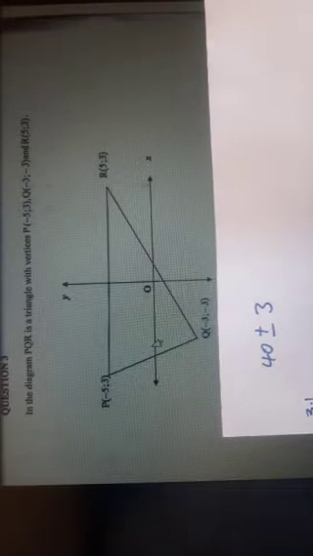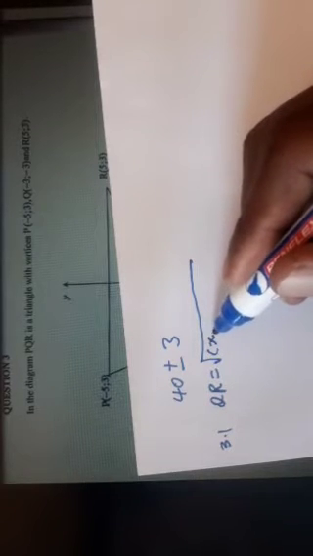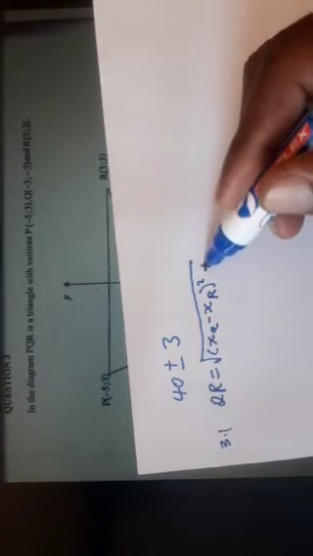We'll say QR equals the square root of XQ minus XR all squared, plus YQ minus YR all squared.